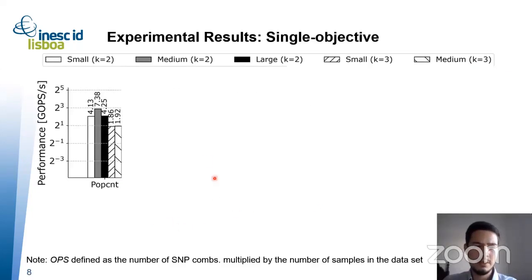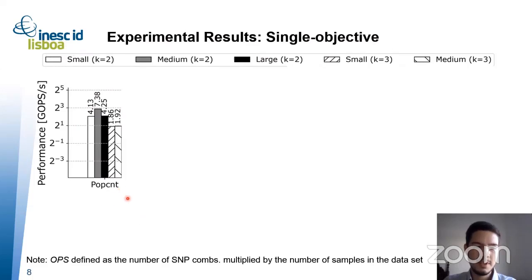And every result will be presented using 5 different tests with the 3 different datasets and 2 interaction orders, k equals 2 or k equals 3, represented by these 5 bars.